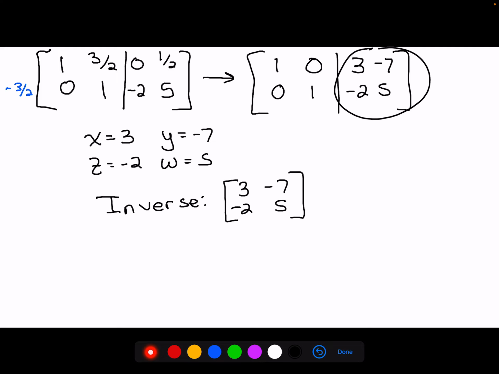And earlier, I had already kind of told you that when you took the matrix with 5, 7, 2, 3 and multiplied it by this inverse, 3, -7, -2, 5, you get the identity matrix with the 1, 0, 0, 1. So that's how that works. That's how you find it.